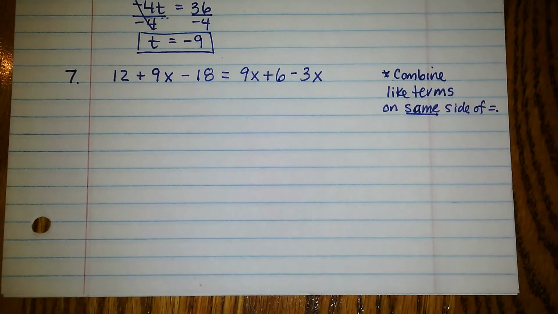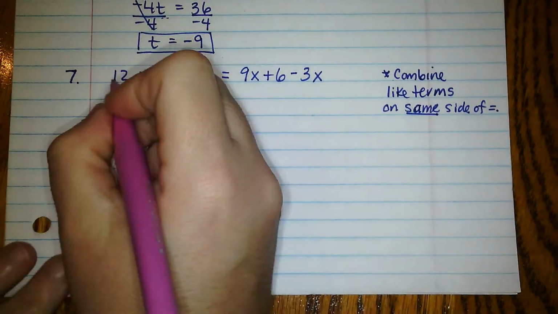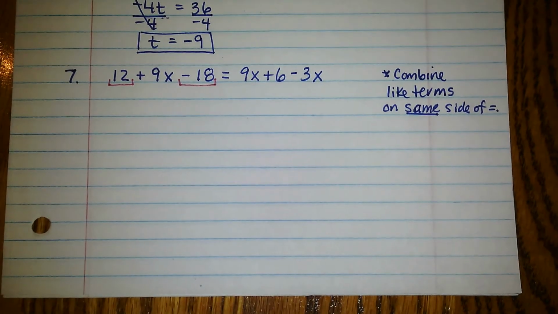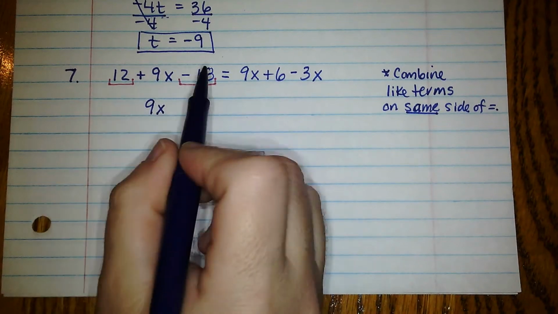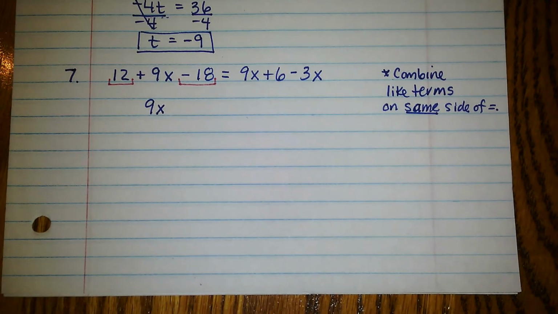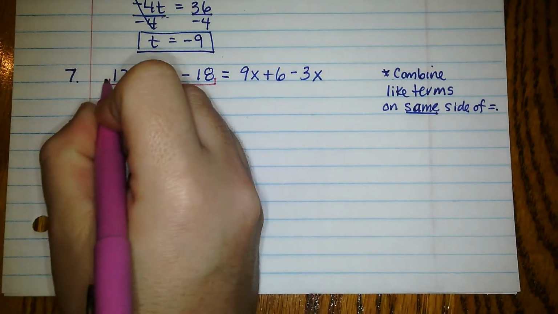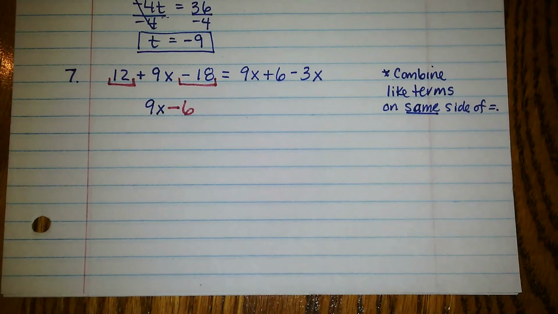Okay. So as you're doing this, on the left side, the like terms are going to be 12 plus negative 18, and we're going to add them. So the 9x is going to come down, but 12 plus negative 18 is negative 6. So that's what becomes of those like terms on this side. Okay.